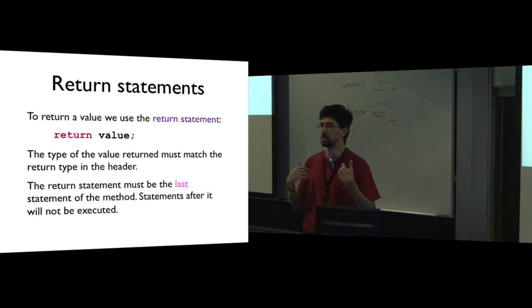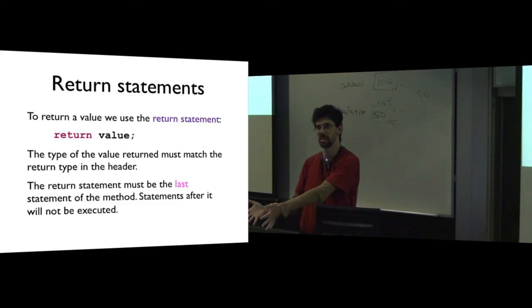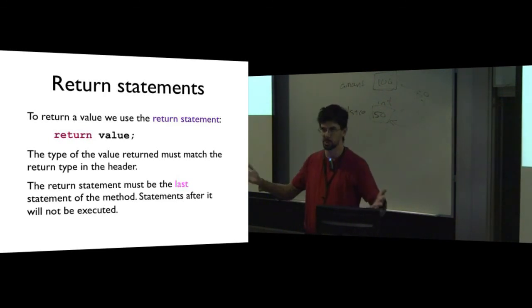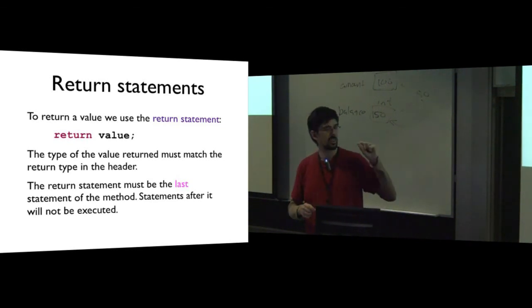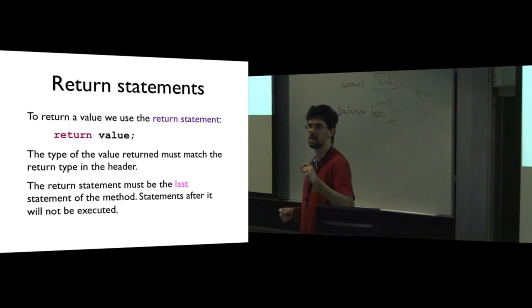That value is what you'll be sending back. The type of the value has to be the same as the type you said you were going to return. So if I said I'm going to return an int, the value I'm returning has to be an int. That value could be a number, a variable, or any expression I want. It just has to be a way of computing a value that I'm going to return.